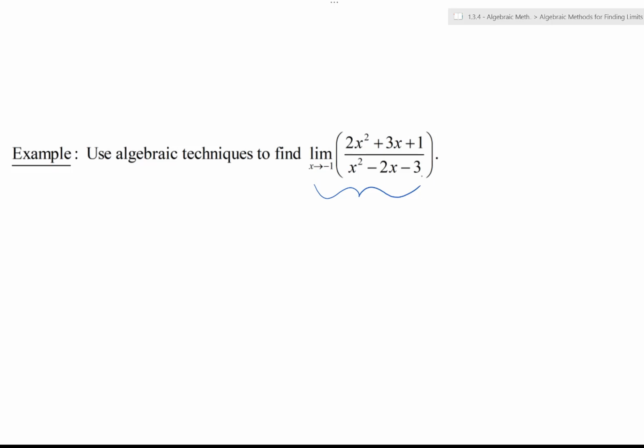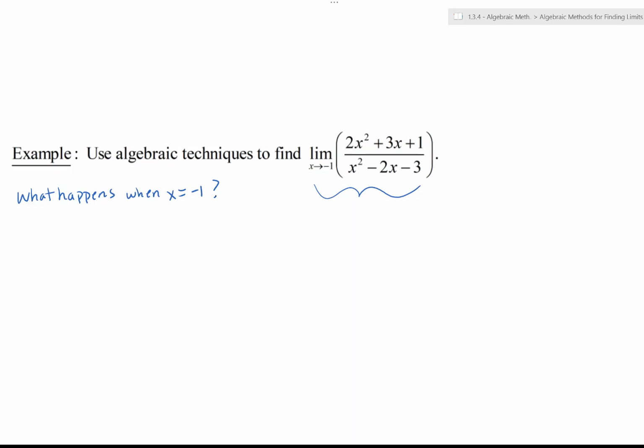But notice here, if I plug in x equals -1, the question is, what happens when x equals -1? Because if the denominator is non-zero, then we can go about our business.